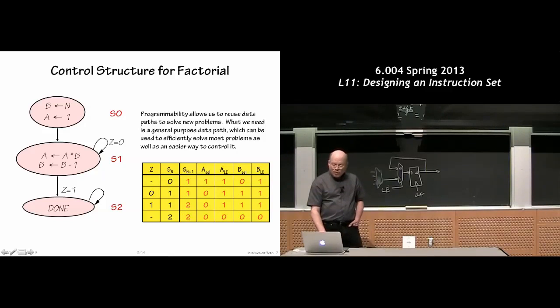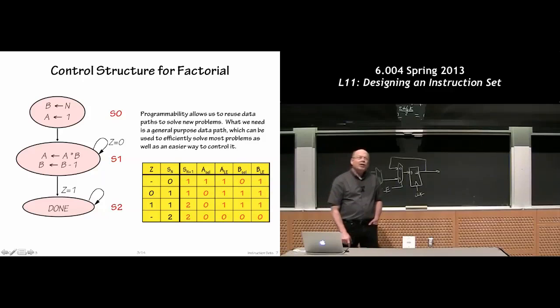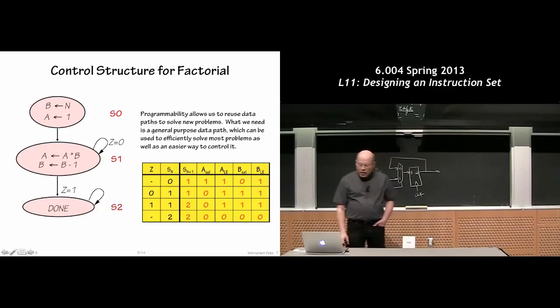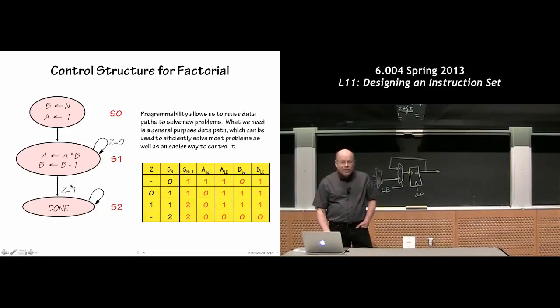Everybody happy with this as a machine that will actually loop through many, many cycles, slowly computing factorial for us? It's a fairly simple little device. And the thing that makes our device data dependent is the status signal that's coming back from the control logic.